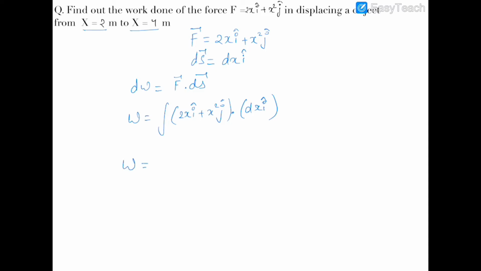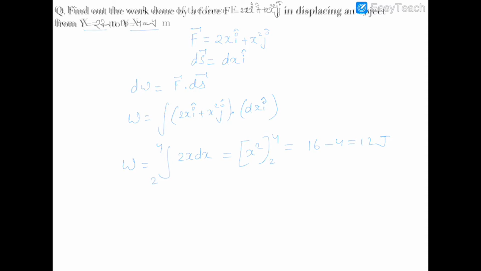Now we know that i dot j will be 0, therefore it would be only 2x dx, and integrating from 2 to 4, the answer will be x square, and 2 will cancel out. Now it will be integrated from 2 to 4, and therefore the answer is 16 minus 4, that is 12 joules. Now we move on to the next question.